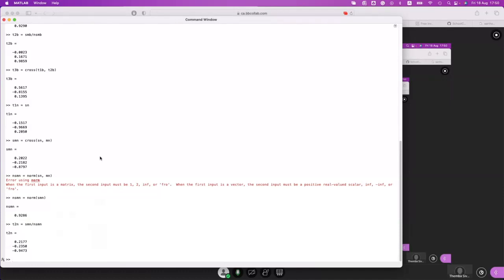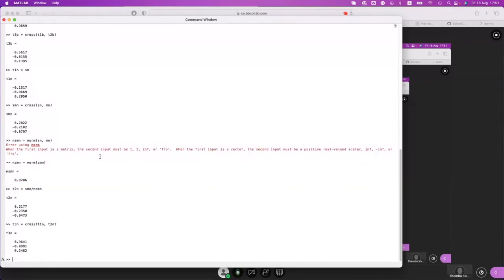So it's just the same process. And now I need to obtain my T3n. My T3n would be the cross of T1n and your T2n. Okay, and that's our T3n. So we have obtained our T1n, our T2n, and our T3n.